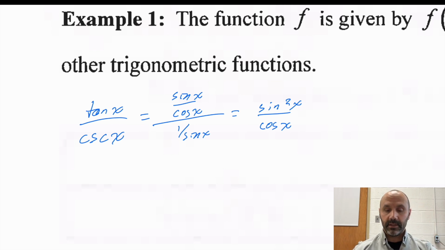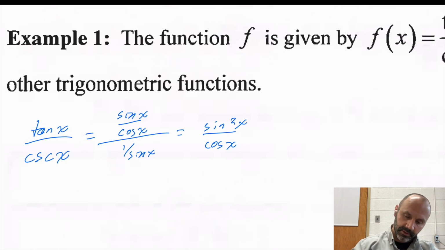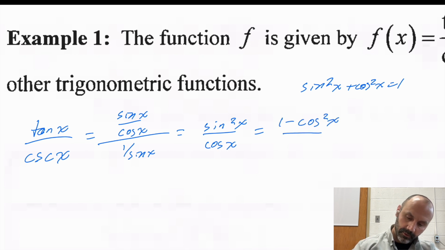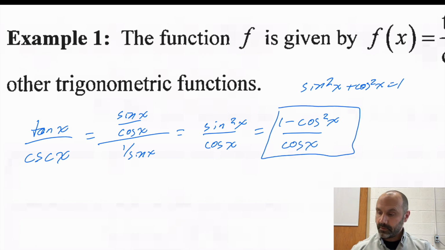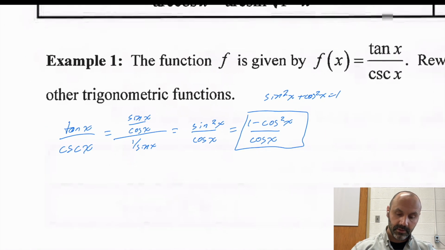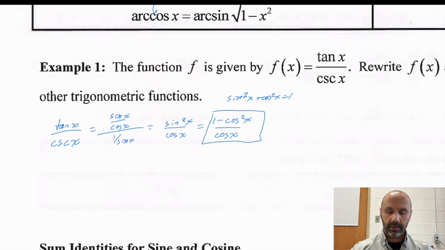Well, using the Pythagorean identity, which is sine squared of x plus cosine squared of x equals 1. From this, I can get that sine squared of x is 1 minus cosine squared of x, over cosine of x. And then we're left with that. So there is f of x just in terms of cosine and nothing else.